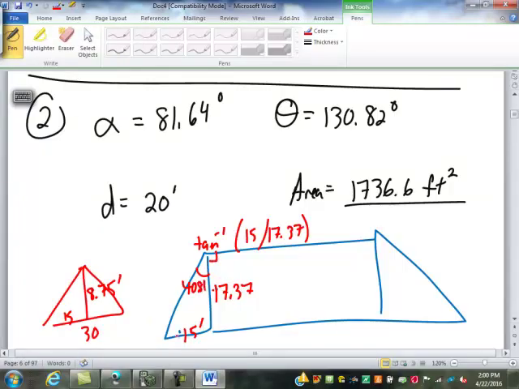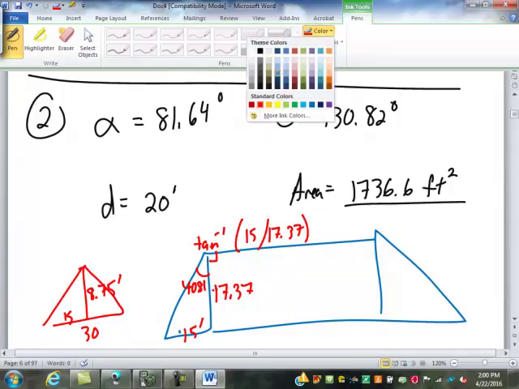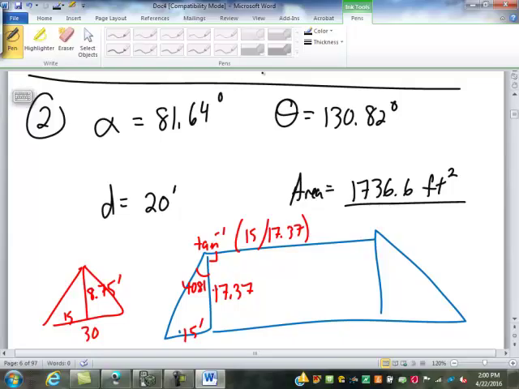And this is a 90-degree angle, so I'm just adding 90 to it. That gives me 130.81 instead of 82 this time around. Does that make sense now?